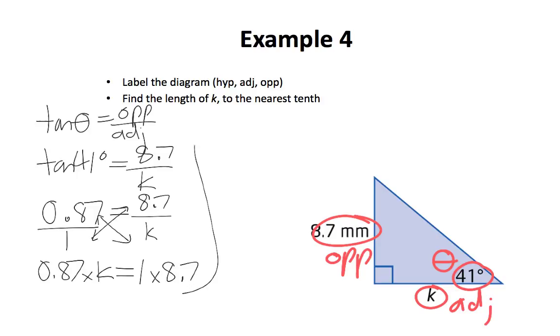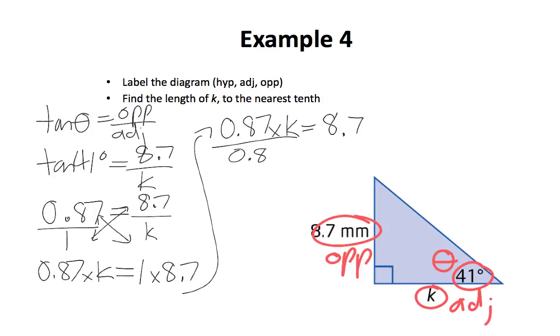Let's simplify some of this. So on the right, anything multiplied by 1 stays the same. So 1 times 8.7 is 8.7. Remember, you want to isolate k. You want it all by itself, but it's not by itself. It is stuck with 0.87. To get rid of it, you need to do the opposite operation. So instead of multiplying by 0.87, you're going to divide by 0.87.